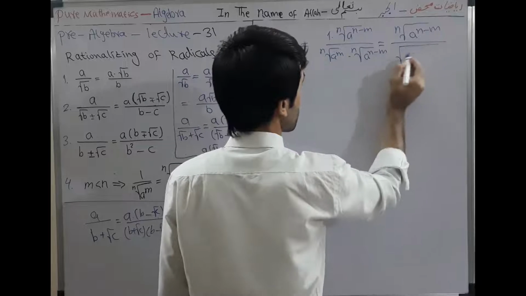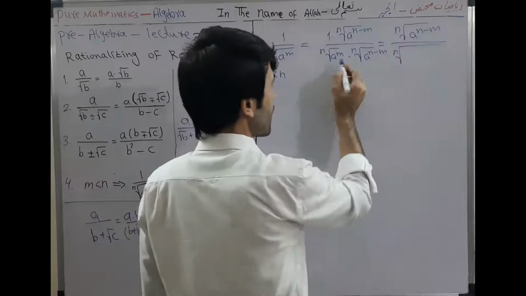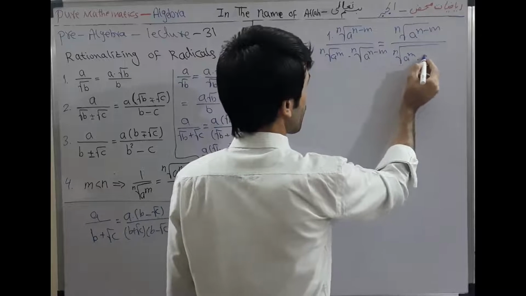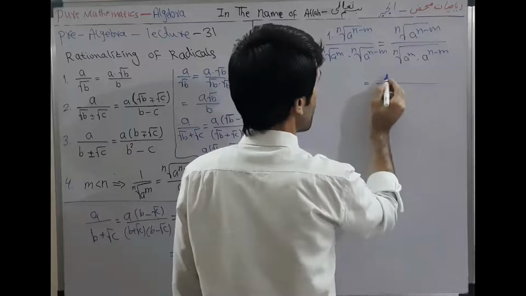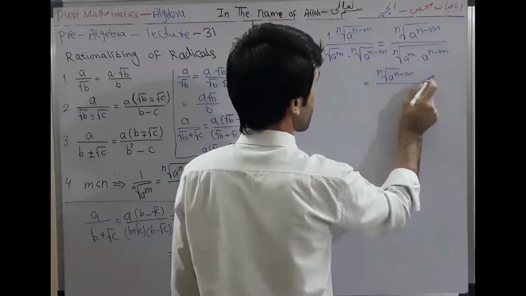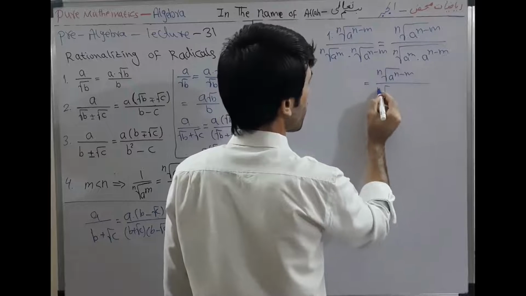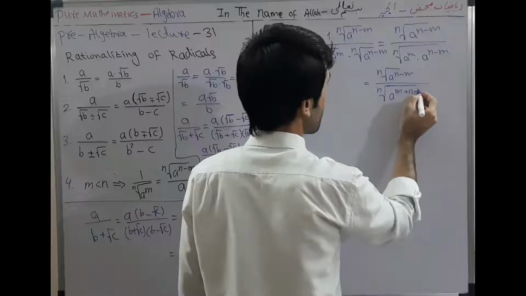They have the same index, so we can write one radical, a to the power m multiplied by a to the power n minus m. It is equal to the nth root of a to the power n minus m over the nth root of a to the power m plus n minus m.